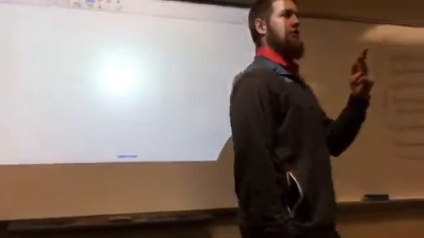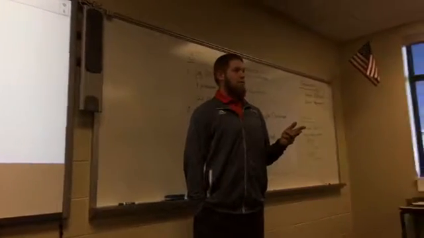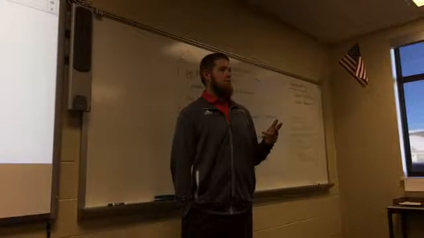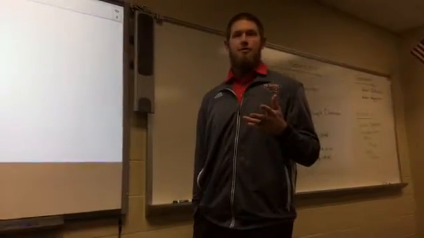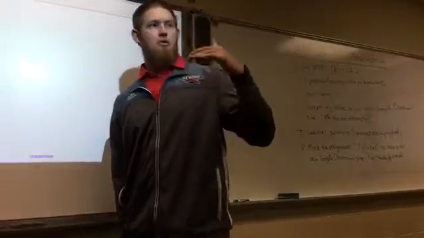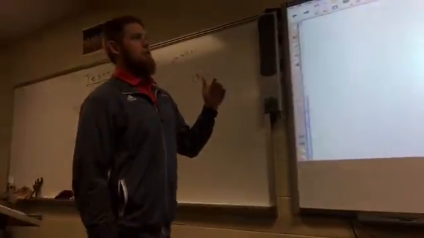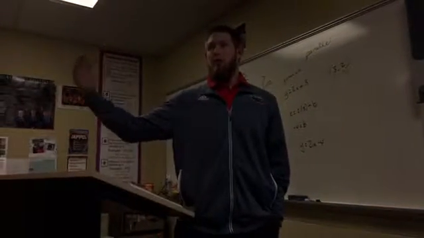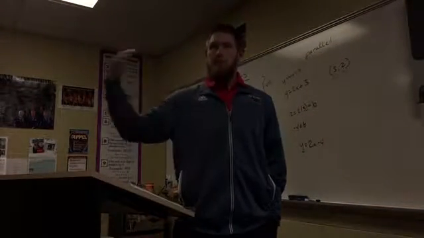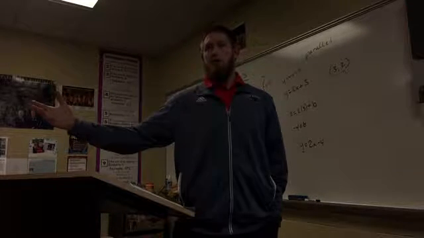Three numbers. So it's 2 times 2 times 2, which is 8. 3 times 3 times 3, which is 27. 4 times 4 times 4, which is 64. You're probably not going to get too big with these ones, right? With your perfect squares, we could go for quite a while. But the bigger numbers you get with perfect cubes, you're going to start getting huge numbers.